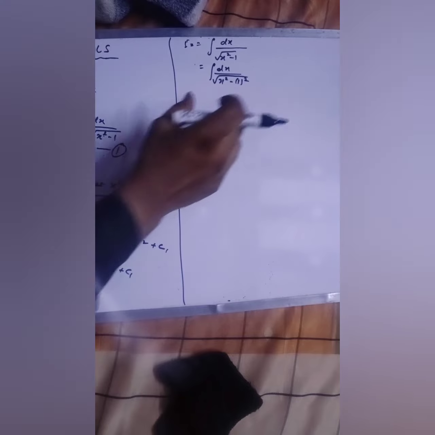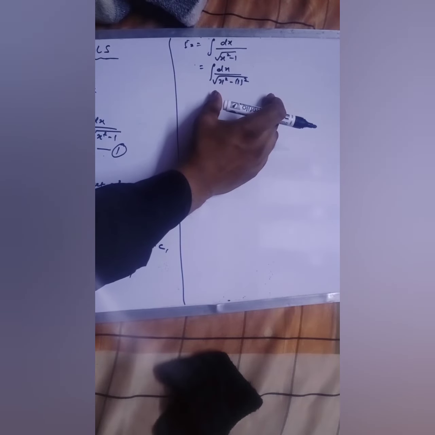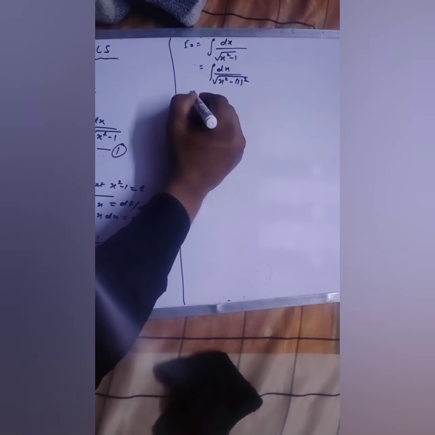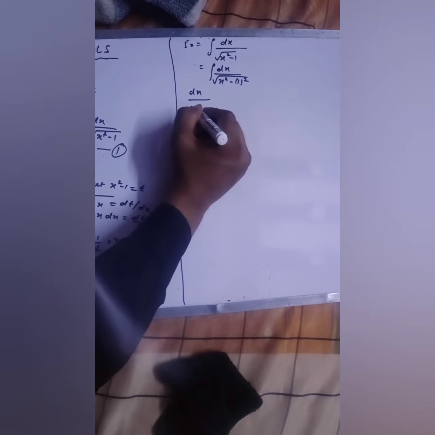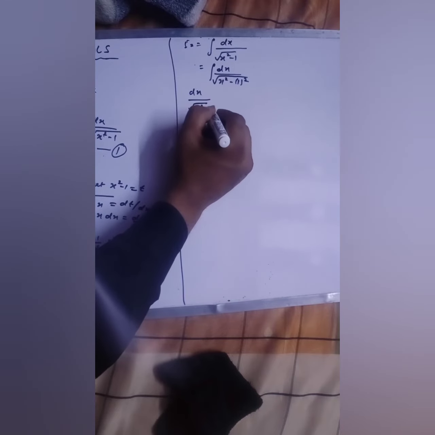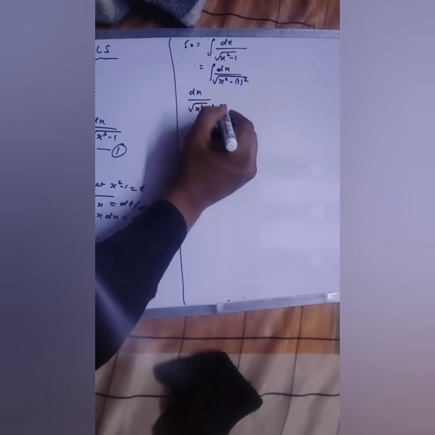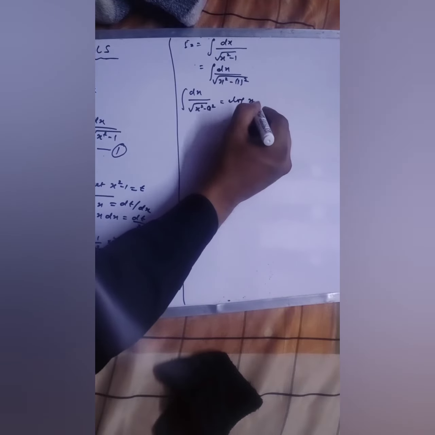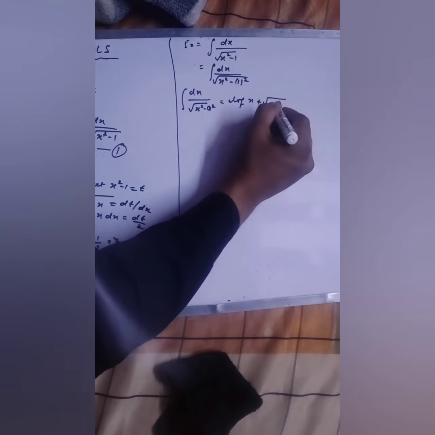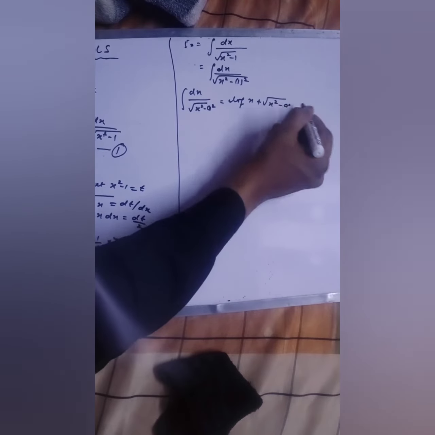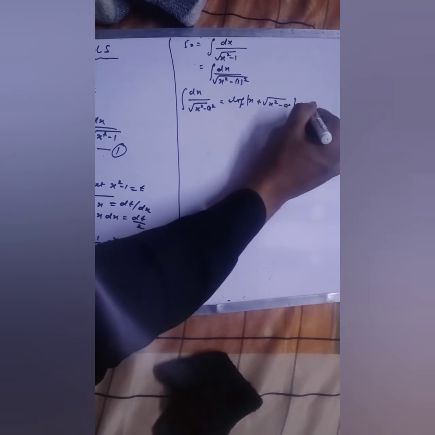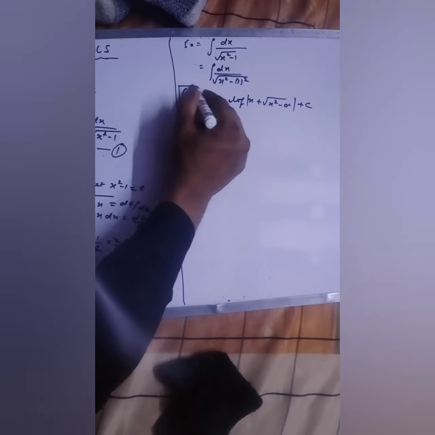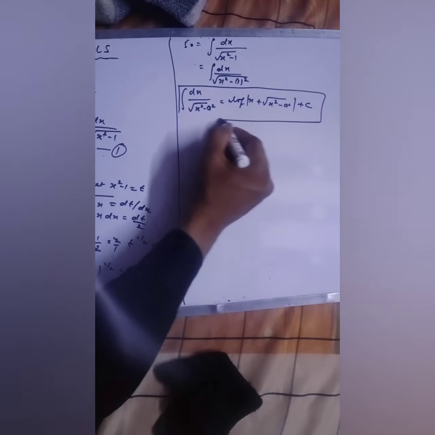As you know, there is a general formula for this: the integral of dx over under root x square minus a square is equal to log of x plus under root x square minus a square, plus c. This is the general formula which you have to apply here.